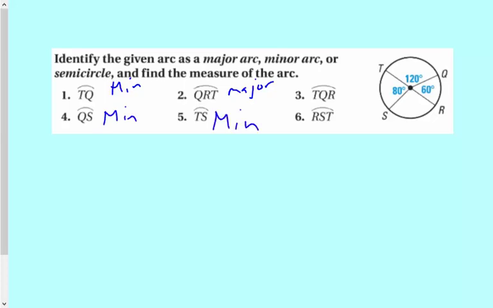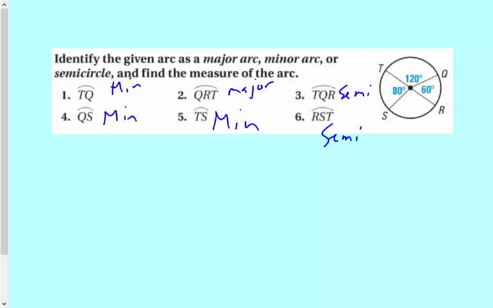And the only thing you've got to be careful of is in case there's a diameter, then it'd be a semicircle if one of the segments is the diameter. For example, TQR is a semicircle, and then RST is another semicircle. So when there's 3 letters, it's either going to be a semicircle or a major arc.